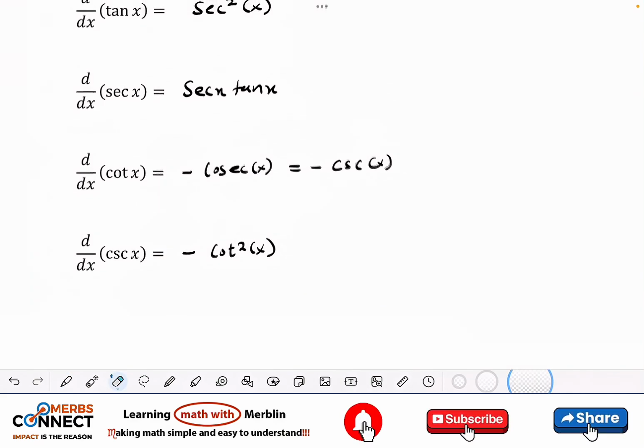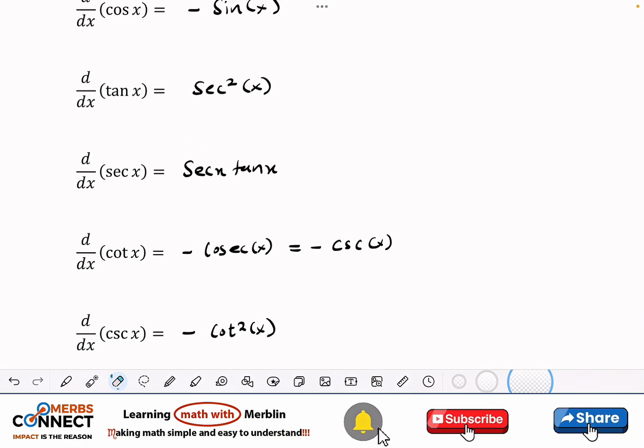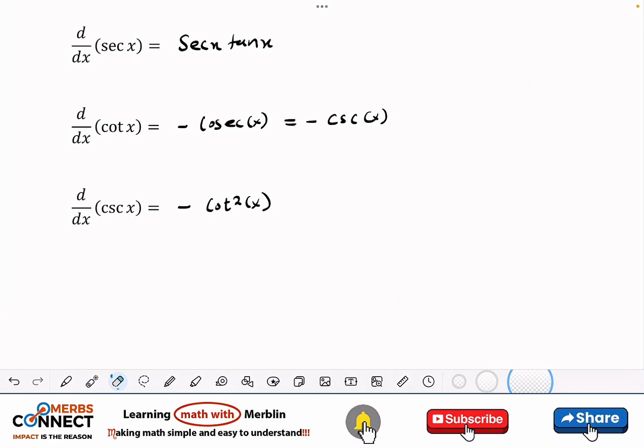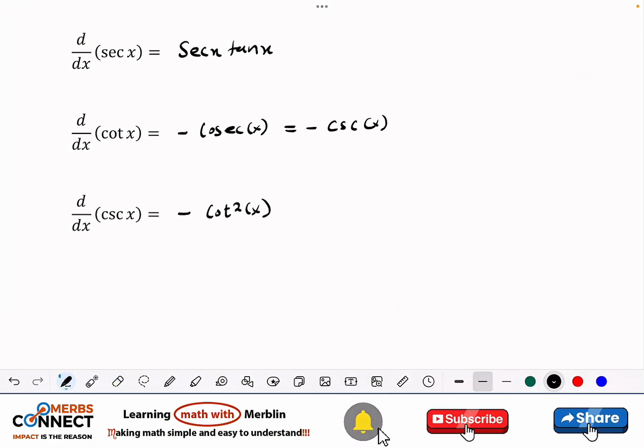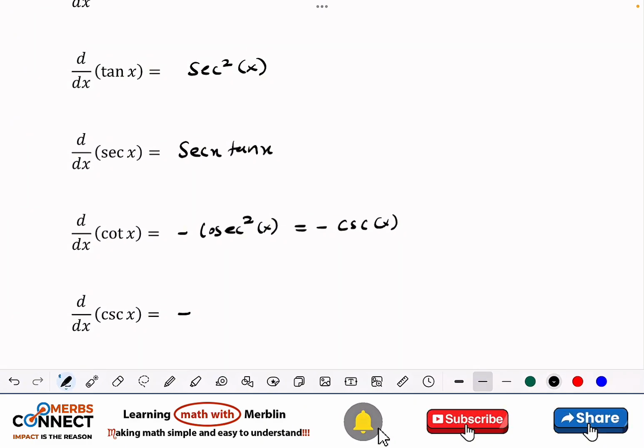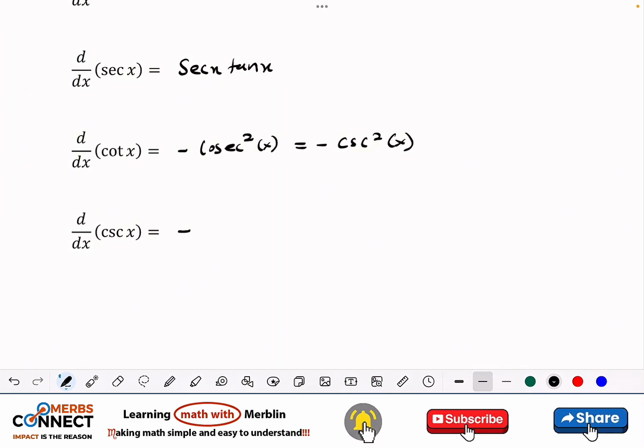No. This one rather is supposed to be squared, so this is wrong. Let me just shift this one a bit. This is going to be squared x, so that when I differentiate, this one is going to give us minus cosec x cot x.